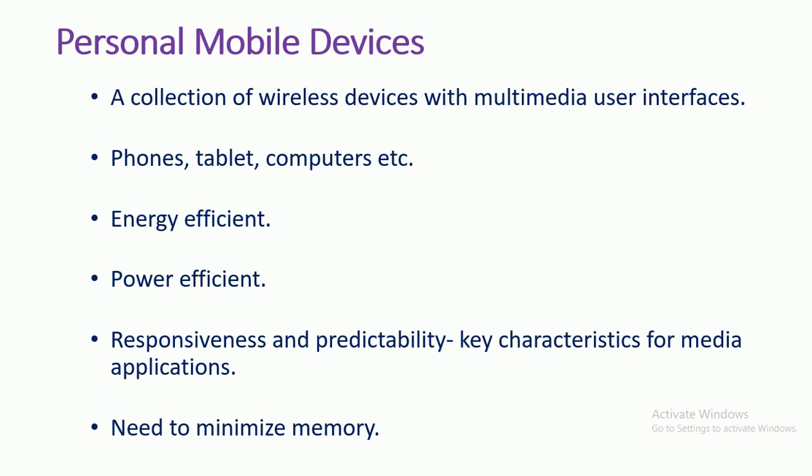First one, as I have mentioned earlier, is personal mobile devices. As you know, the features of personal mobile devices are that they are wireless devices, so very portable. Anybody can use the device from any location. And nowadays all mobile devices have multimedia features, multimedia user interfaces with user communication.